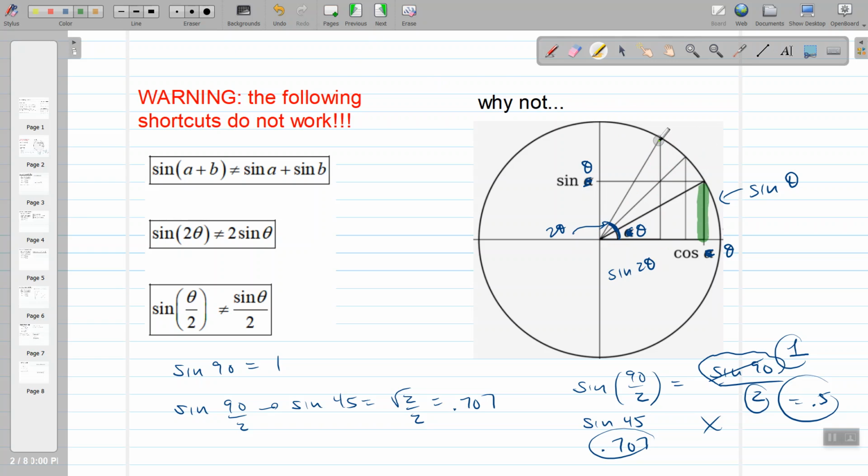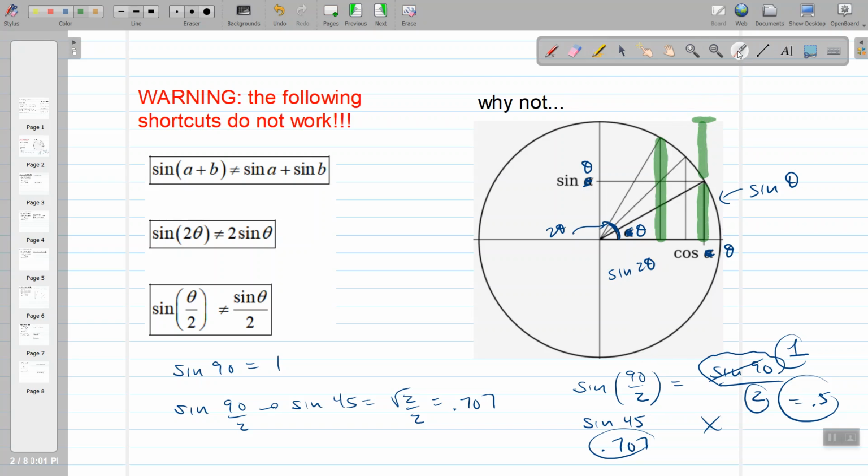That would be this one right here. Now, obviously this one is going to be longer than this one, but would you say that it is twice the height of this one? Obviously it's not. If it were twice, it would have to be up here.